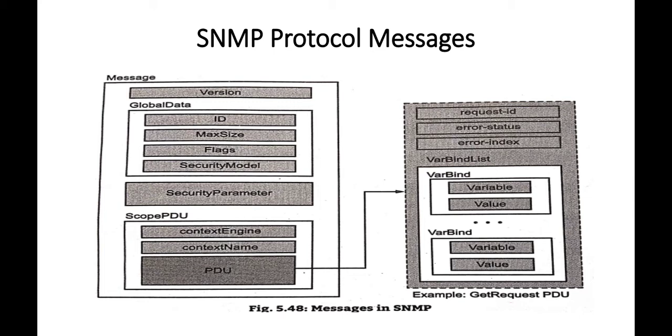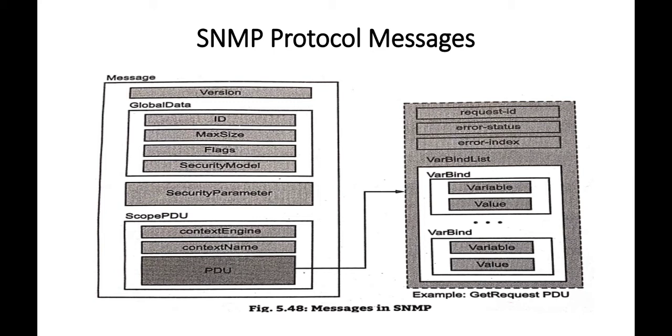Now we discuss the SNMP messages. One more important thing: SNMP uses UDP port number 161 or 162. Here the two important concepts are the manager and the agent. So what are the messages?